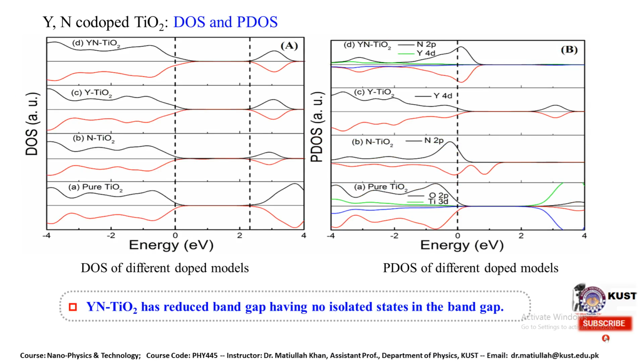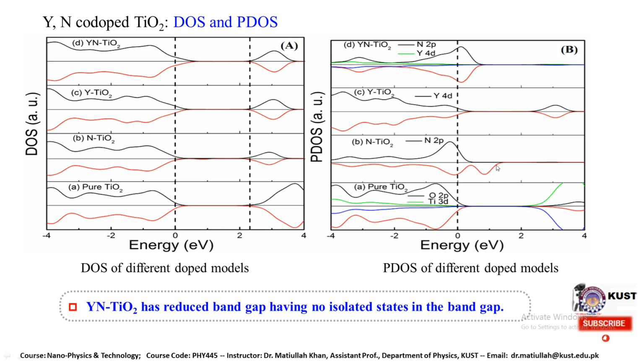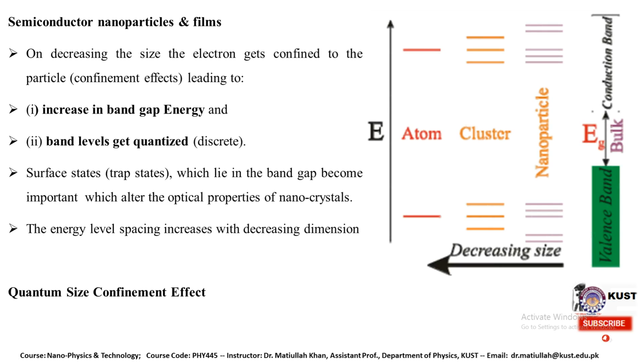Let me show you, and coming back to the slide, we can see a single N2p state here. This isolated state has been created just above the valence band, because in this case we have doped single N2p atoms, and the isolated states have appeared in the band gap of TiO2.